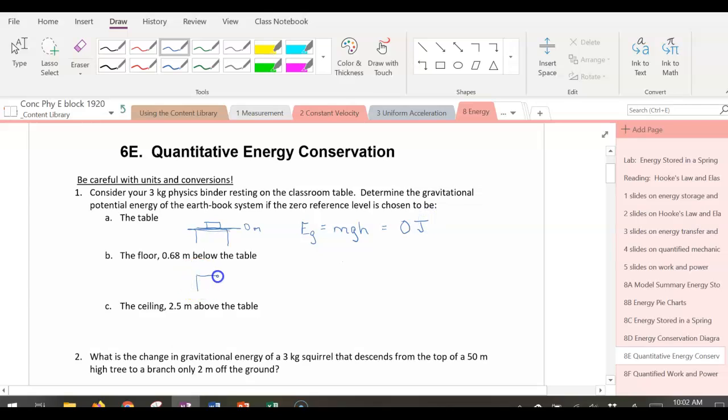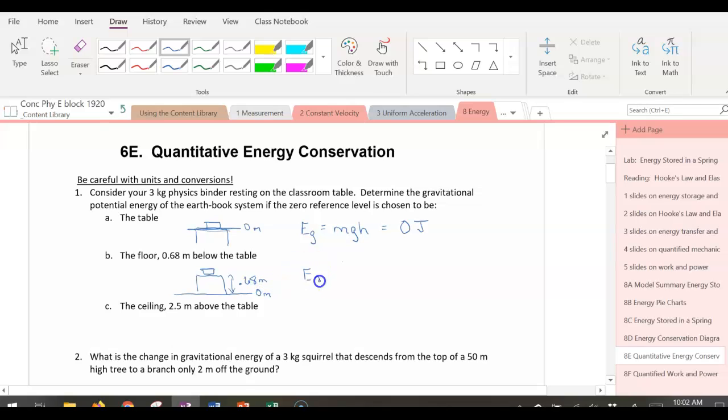What if we had the same situation, right? The same table, the same binder, but now the floor is where we say our zero reference point is. So when something's on the floor, it's at a height of 0 meters. Well, now it's on the table. The table is 0.68 meters above the floor.